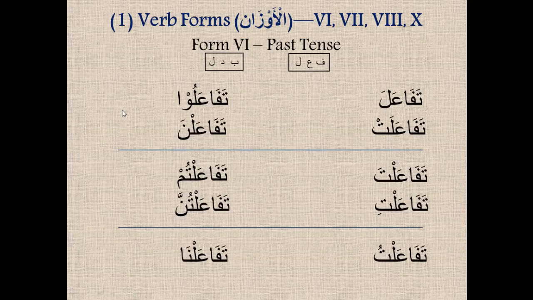Let's go through the conjugation of one form 6 verb with the root letters ba, dal, and lam. That would give us tabadala, which means to exchange mutually. Tafa'ala, tabadala.